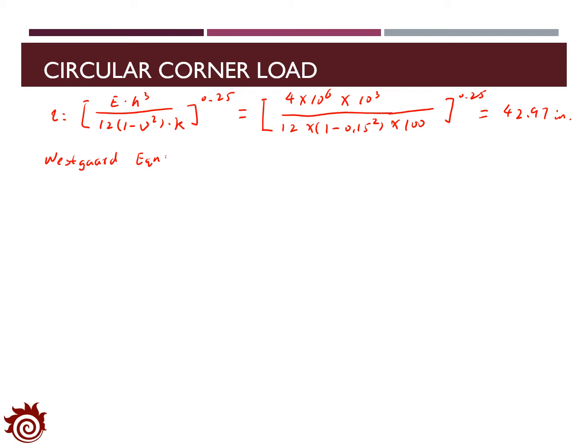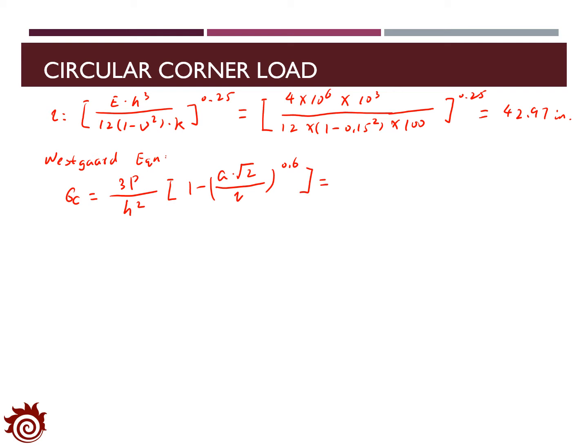For the stress, we have sigma c equal to 3P divided by h squared times (1 minus (a times square root of 2 divided by L) to the power of 0.6).